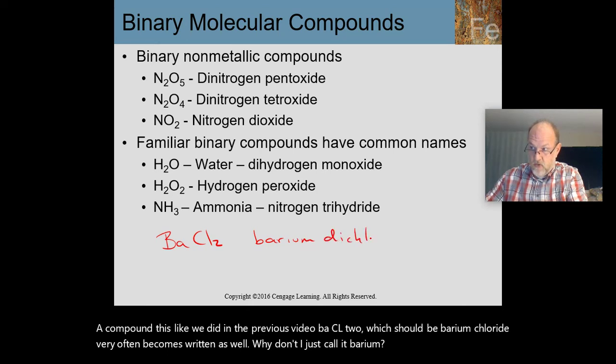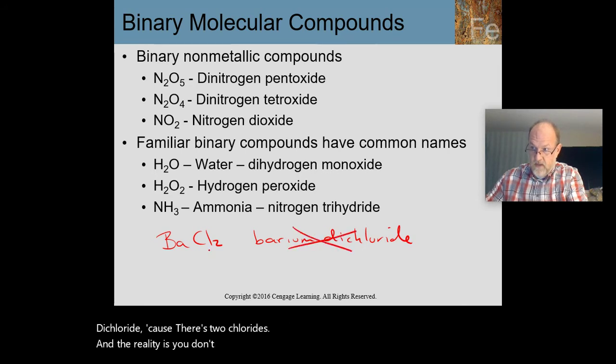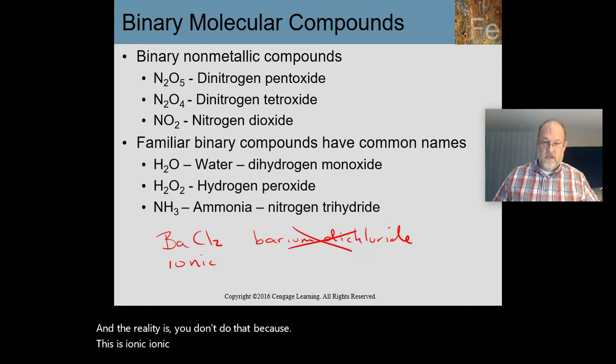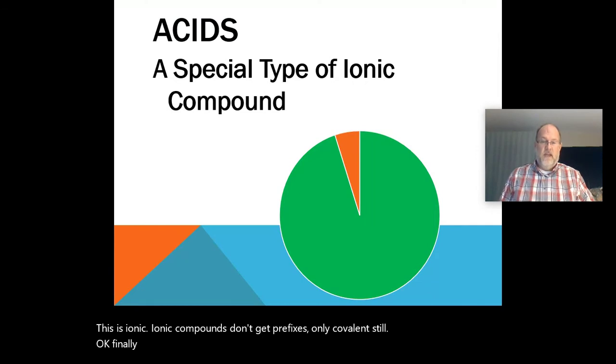Because there's two chlorides. And the reality is you don't do that because this is ionic. Ionic compounds don't get prefixes. Only covalents do.